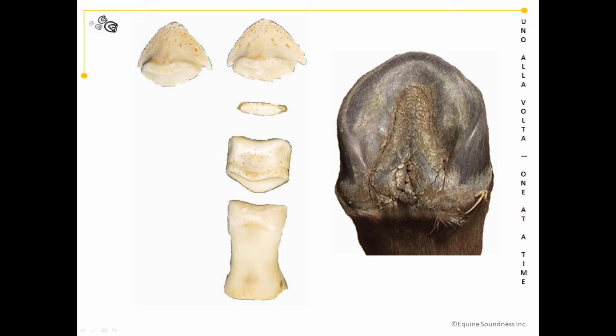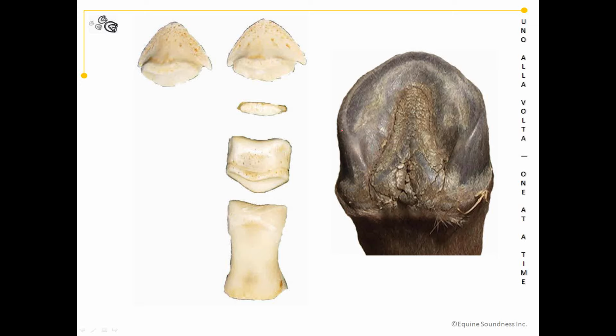I have another question that's kind of puzzling me. As I trim, I have a few horses that show sort of a callus line, which is in continuation of the bar, and that goes almost all the way around the frog.